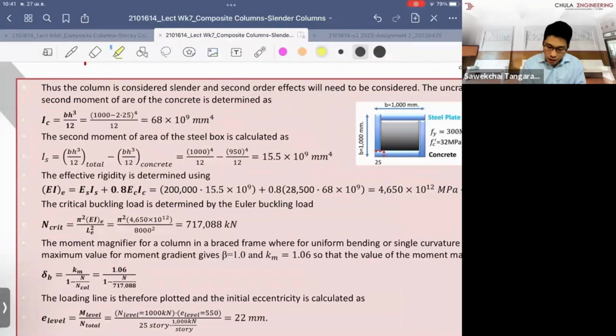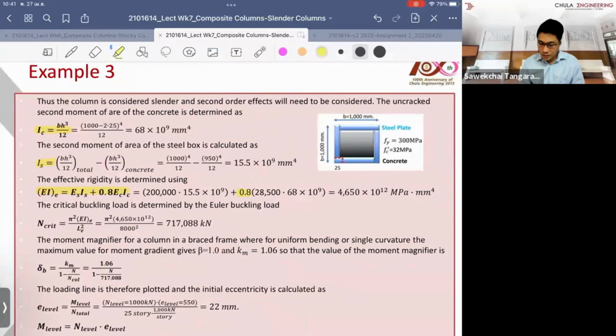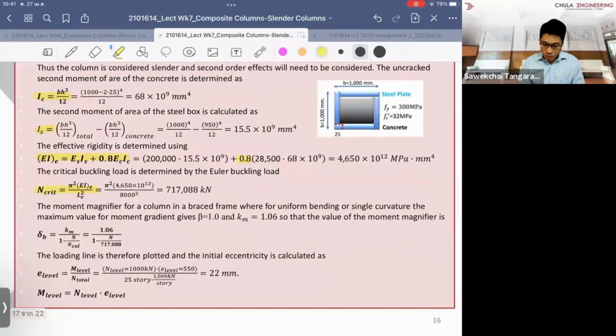You start to calculate the I, which is the second moment of area. You calculate the steel second moment of area. You calculate the effective stiffness equations, right? Don't forget to reduce by 80%. You calculate the Euler buckling at this critical member, and you calculate the moment magnifiers.